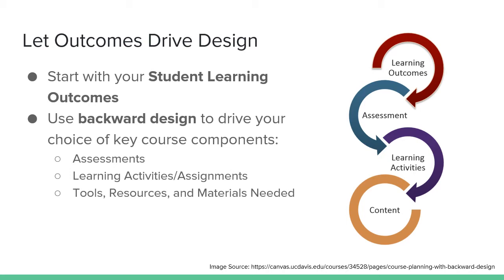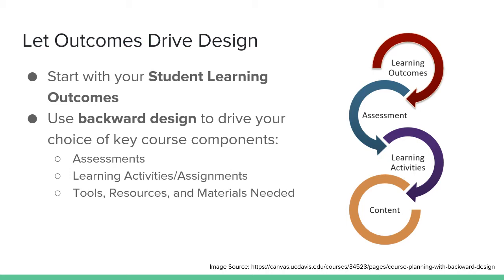What sorts of activities, assignments, formative assessments are students doing along the way? And what kinds of materials, tools, resources, videos, whatever it is that students need to prepare to be successful on those assignments, on those assessments, and to ultimately demonstrate those student learning outcomes.